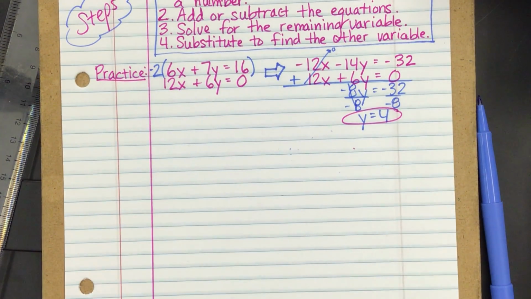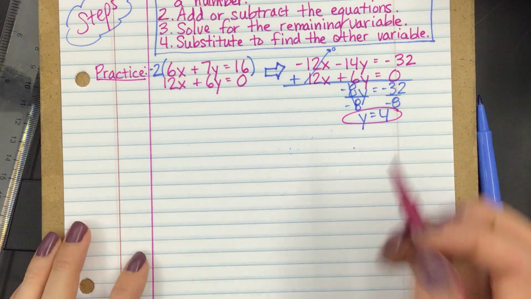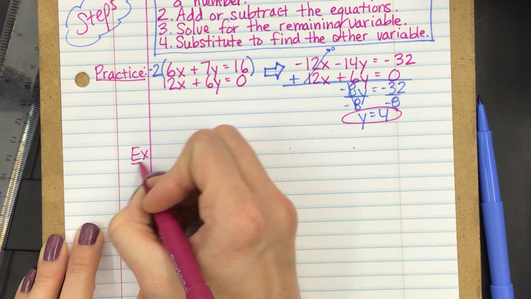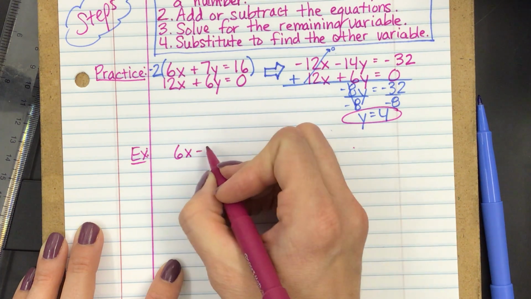Okay, I want to expose you to one more type of problem that you may see, and that's when you have to manipulate both equations to get it in the right form. So let's say that we have these two equations right here.